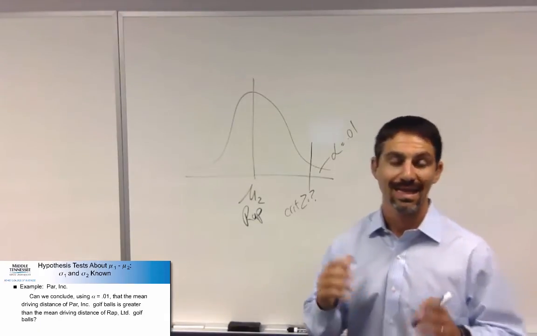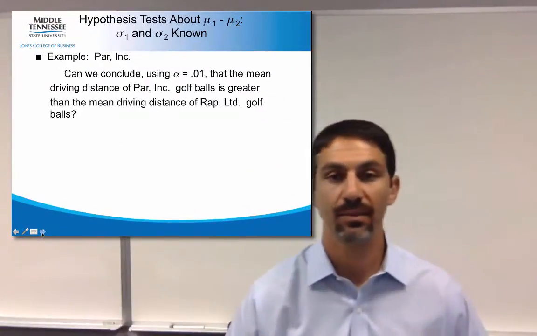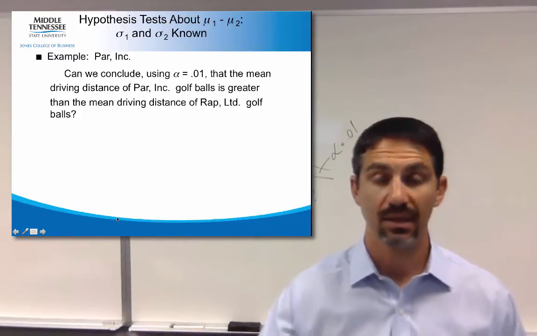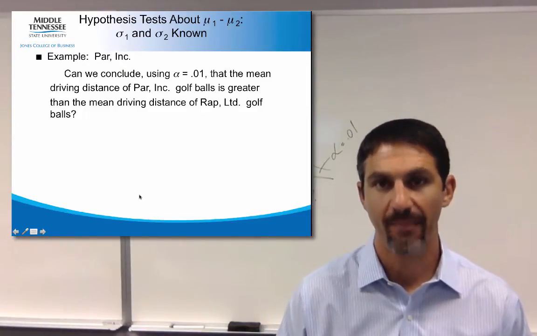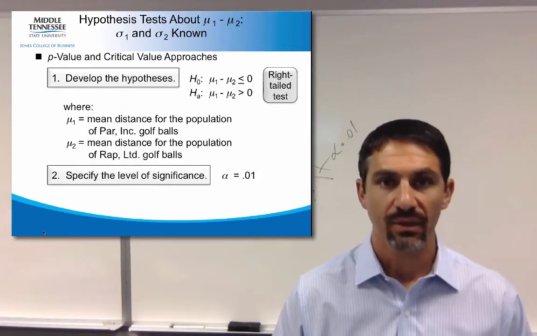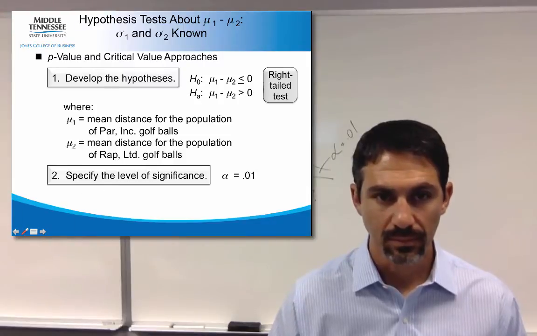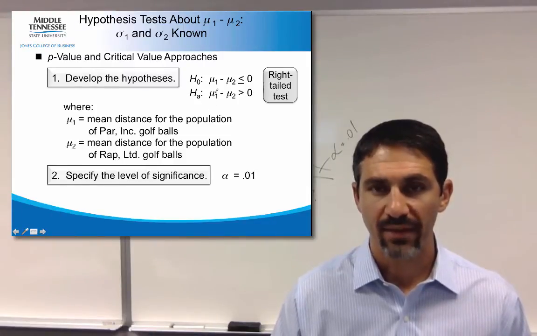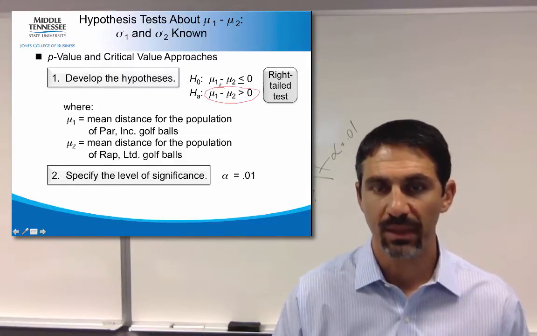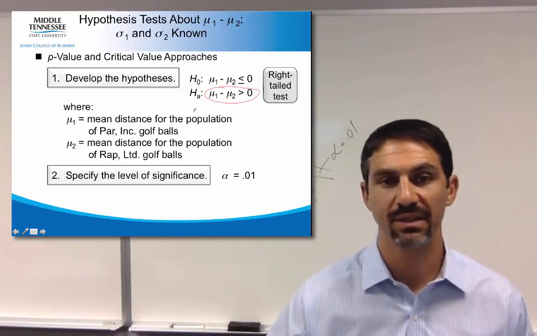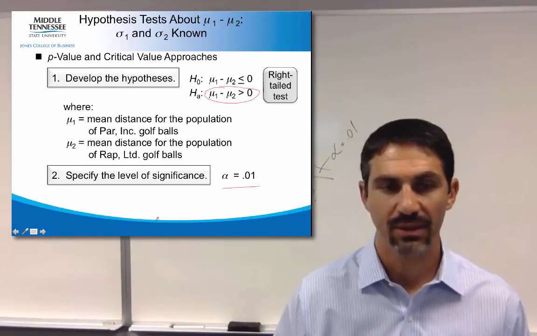If we do, then that tells us that Par Inc golf balls drive significantly greater than the Wrap Limited golf balls. So we did this, again, we're looking to see greater than is what we really care about here. So that means when we take one minus the other, it should be greater than 0. We're specifying 0.01 here.